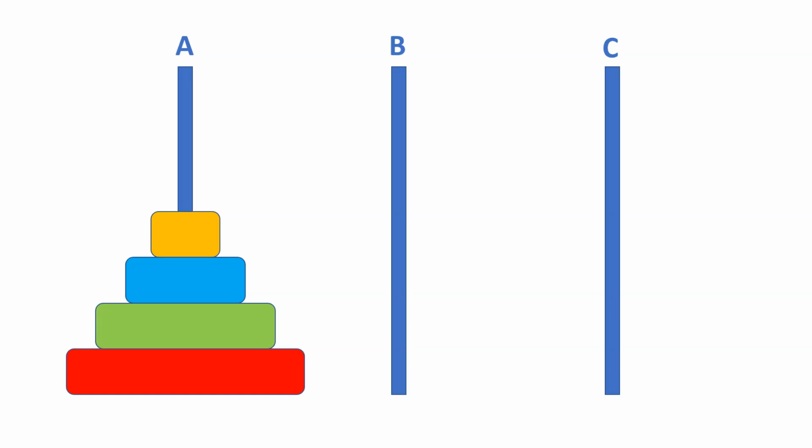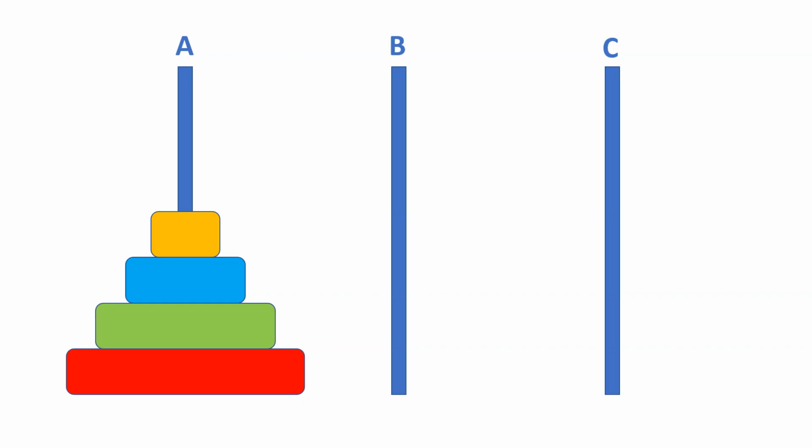That's pole A. Then I have pole B and I have pole C. The game says I want you to move all the rings from one pole to another with two rules. Number one, you can move one ring at a time.